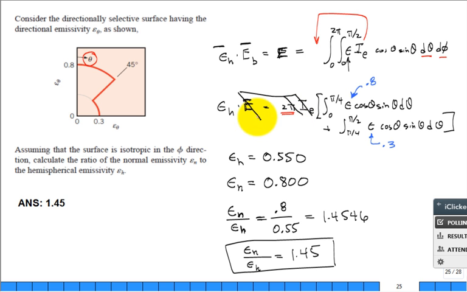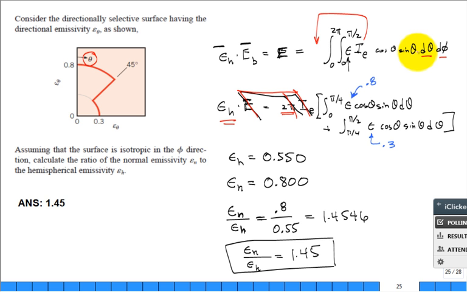Well, you just rederived the equation that we have had already, that E is equal to pi times I sub E. Cancel those out of the equation, and we're left with the hemispherical emissivity equal to 2 times the integral of the emissivity times cosine of theta, sine of theta, d theta, from 0 to pi over 2.